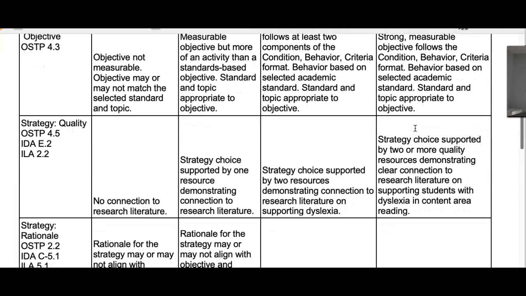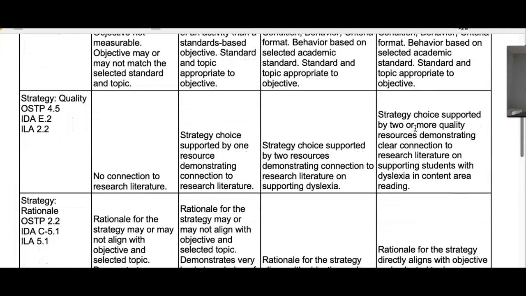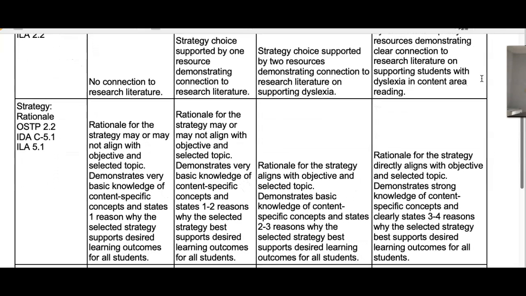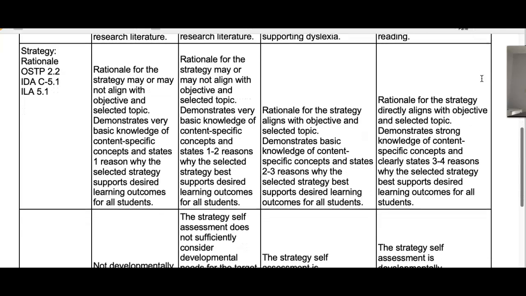The second area that I'm going to look at is the quality. Is the strategy choice supported by 2 or more quality resources demonstrating a clear connection to research literature on supporting students with dyslexia in content area reading? Next, I'm going to be looking at the rationale.